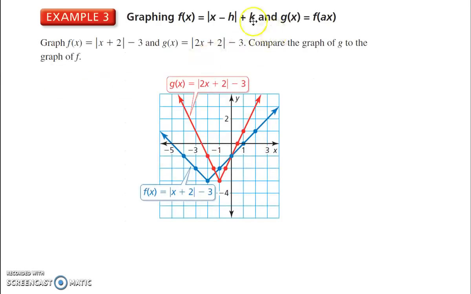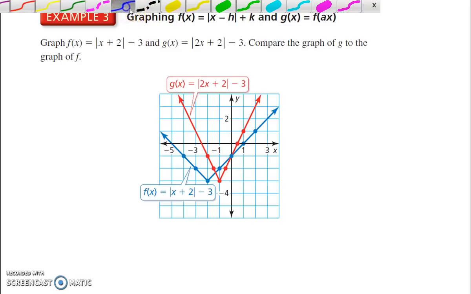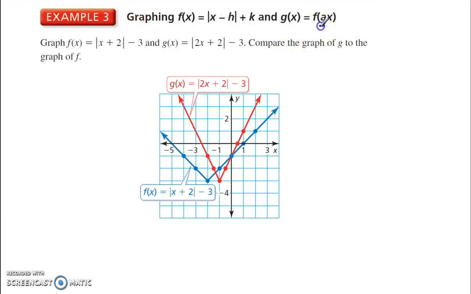All right. And finally, we might have a situation where there's a multiplication of the x inside the absolute value, like this right here. It's important for that situation that we do it in the right order. So if we have f of x is absolute value of x plus 2 minus 3, plus 2 means negative 2 as far as we're moving the vertex, so negative 2, minus 3.